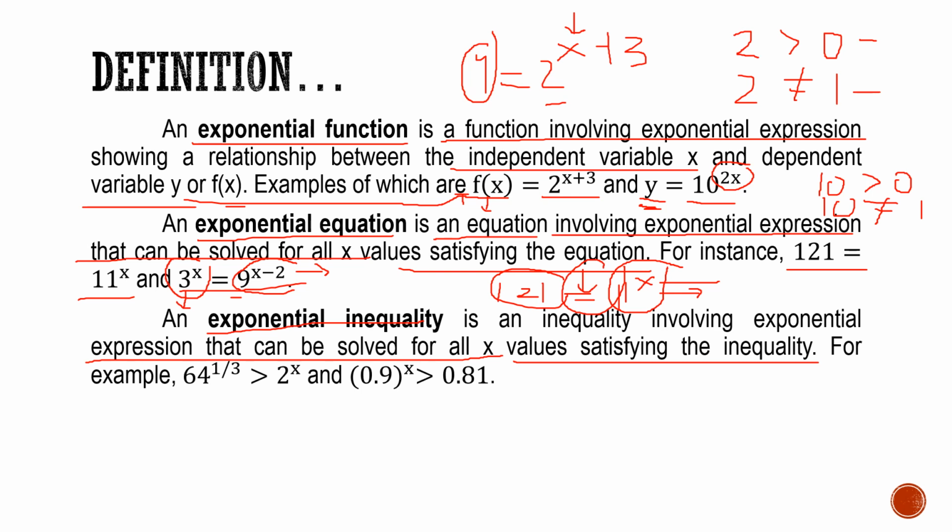As long as the symbol between your left side and right side is an equal sign, and there's only one variable involved, which is your x, that will serve as the exponent of your base, then that will be your exponential equation.